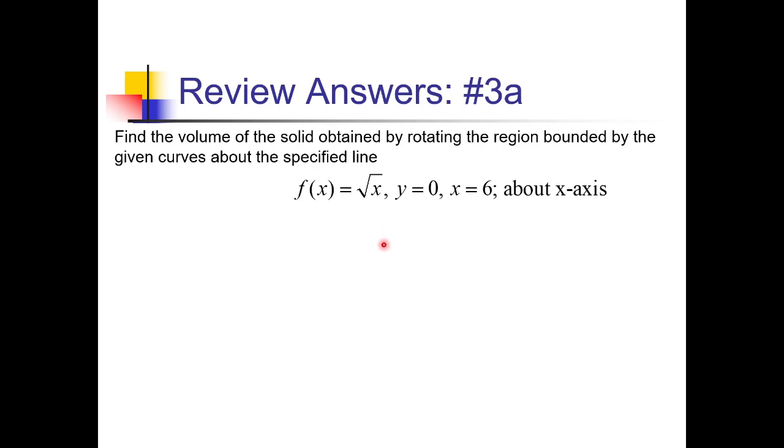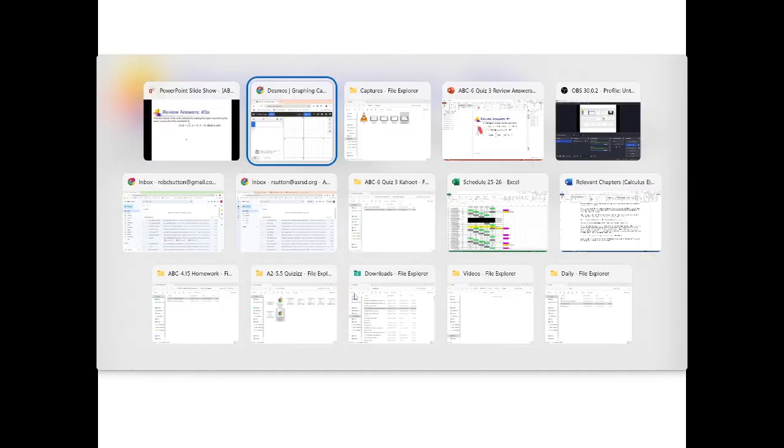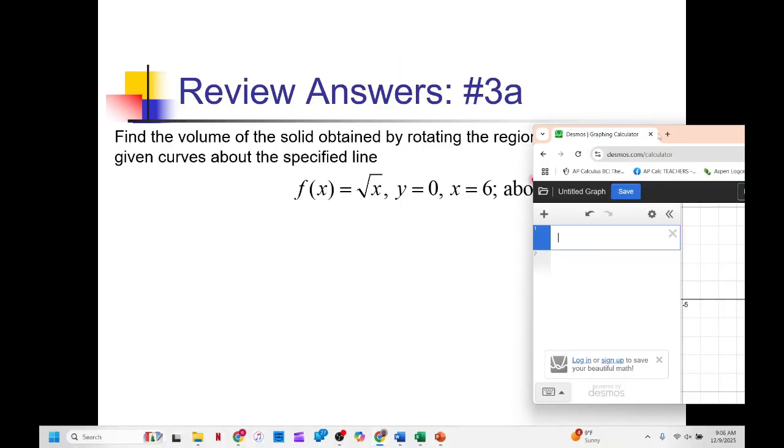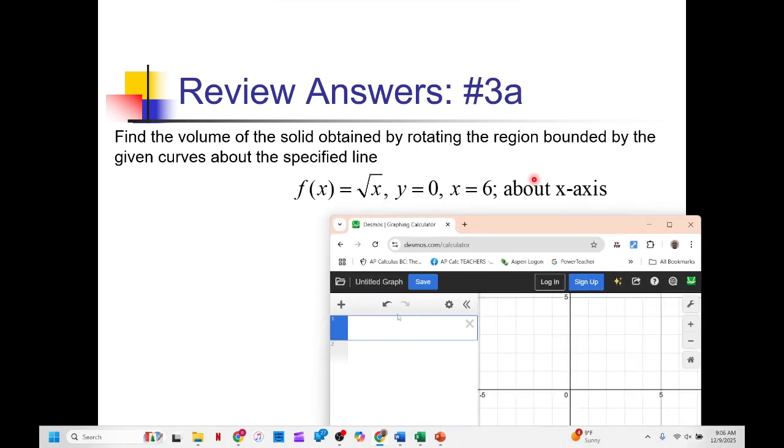On this problem, I'm trying to find the volume of the solid obtained by rotating the region bounded by these functions about the x-axis. So let me go to Desmos and see what these look like on a graph. And I don't really need Desmos to graph these, but why not? I'm going to be using it anyway for the number crunching.